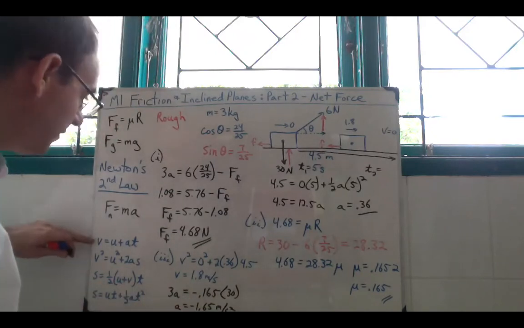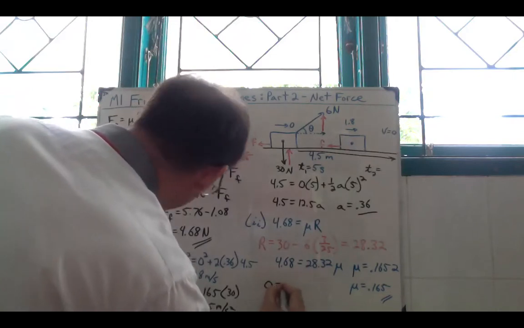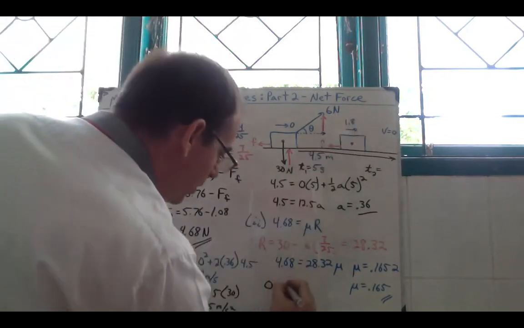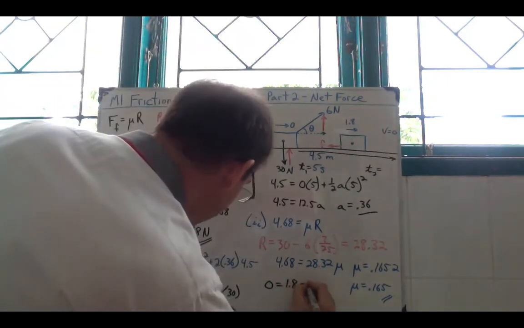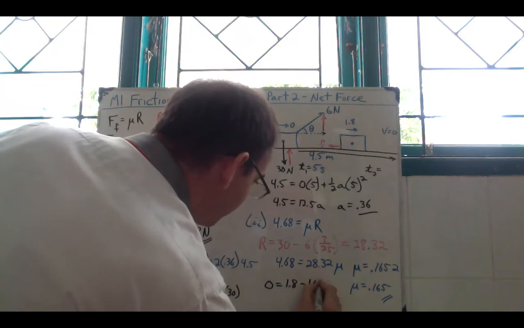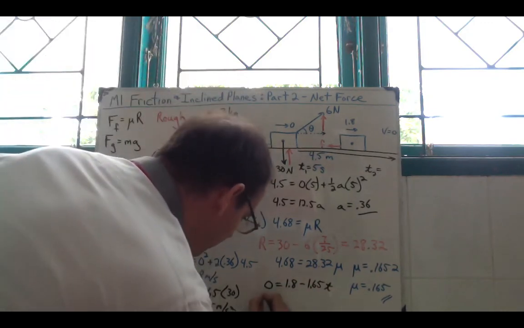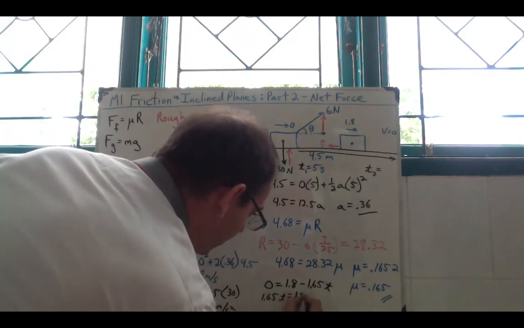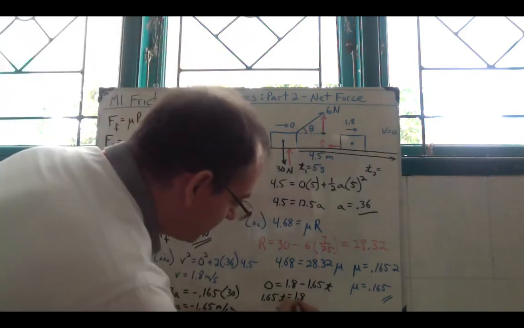So now we want the final velocity to be 0. Our initial velocity is 1.8. Our acceleration is a negative 1.65 times t.